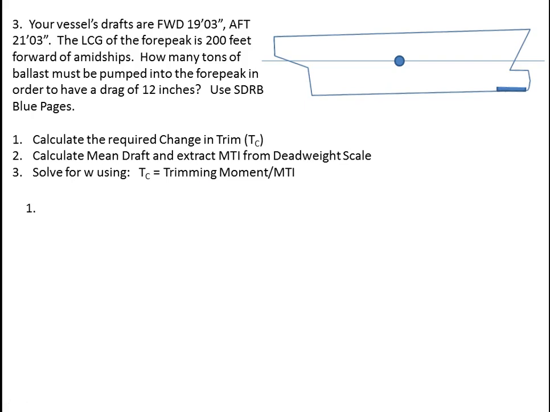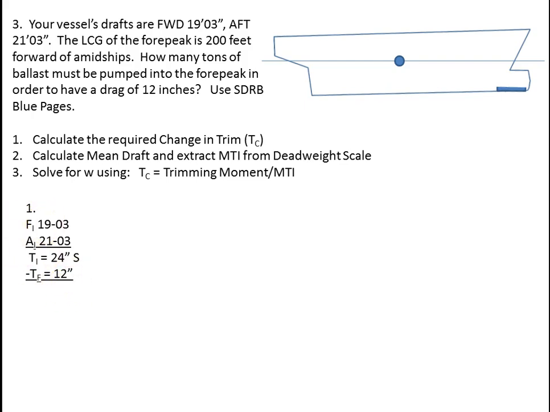So, step 1, we're going to calculate the required change in trim. Well, we start off with a forward initial draft, that's an I there, of 19'03". And the aft initial draft is 21'03". So, what's our trim? Well, our trim is 24 inches by the stern. We want to have a final trim of 12 inches.